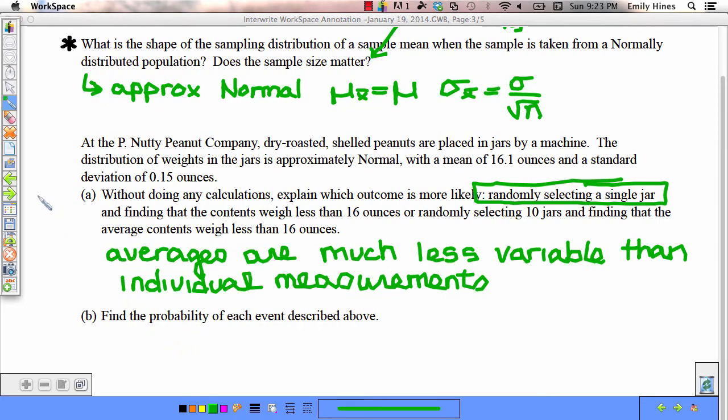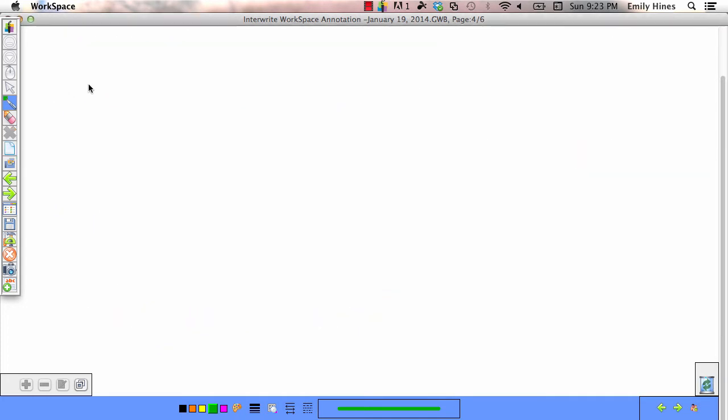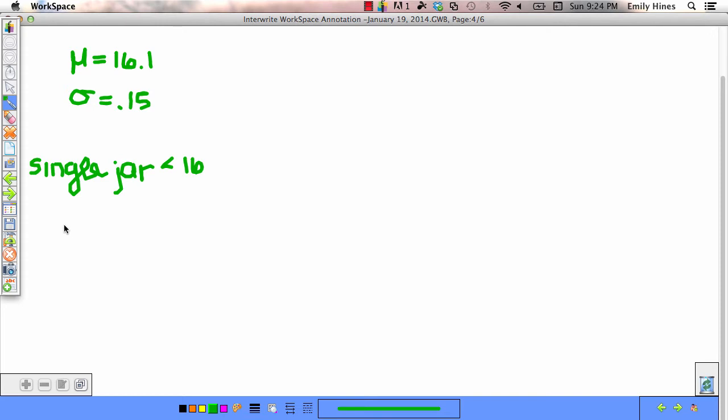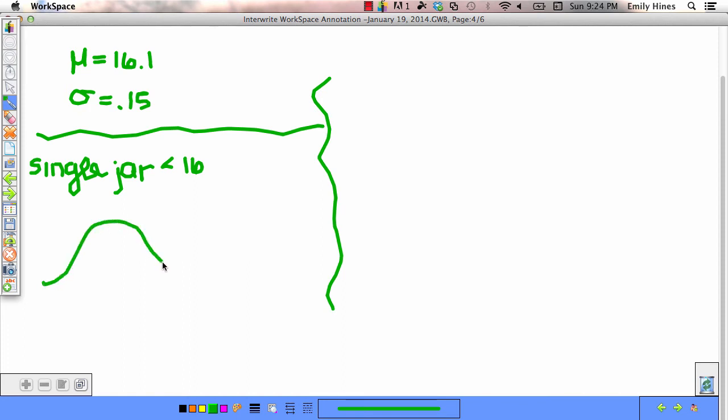If I want to find the probability of a single jar, and we're going to look at a new page, I know that the mean of all the jars is 16.1, and the standard deviation of all the jars is 0.15. So if I want a single jar to be less than 16 ounces, then that's just a normal distribution problem, because it said it was normal. And so I would draw my picture.